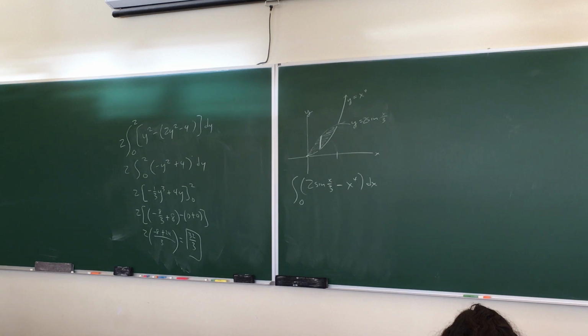And the integrand here will be 2 sine x over 3. Actually, because we punched it in on the calculator, we could just go y1 minus y2. But I don't know how to get that on yours. But we'll worry about that later.